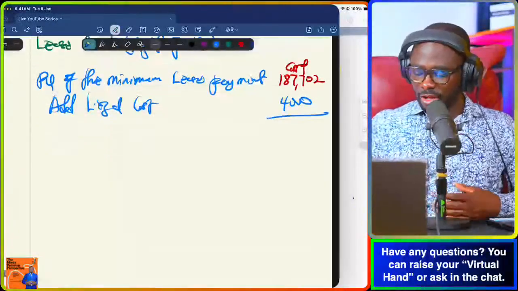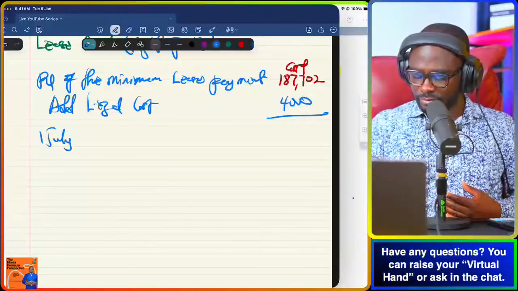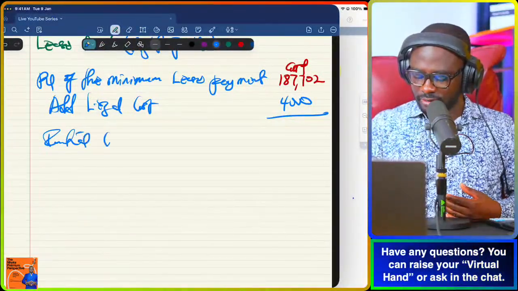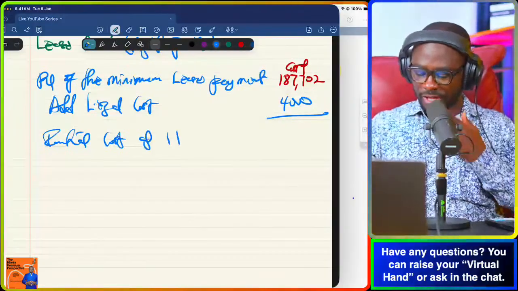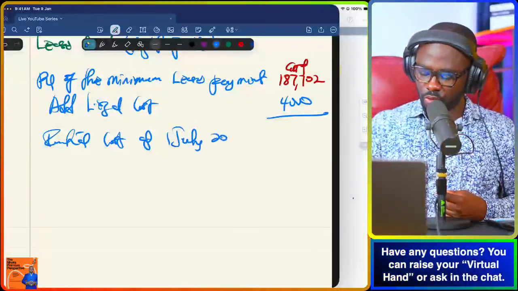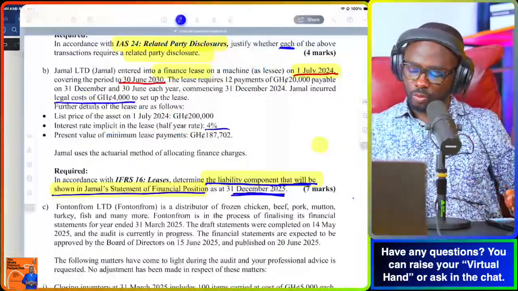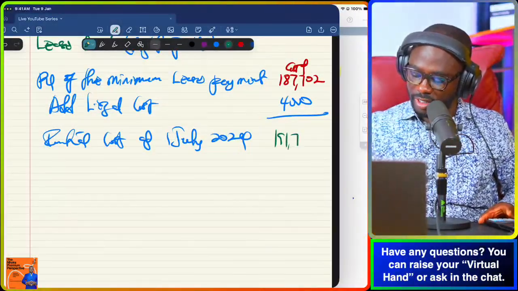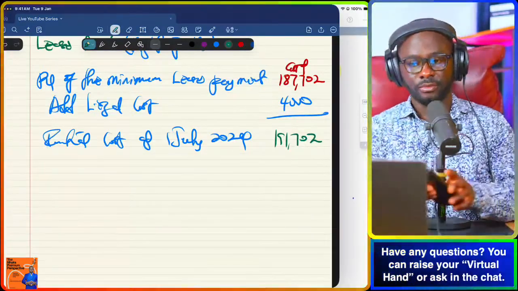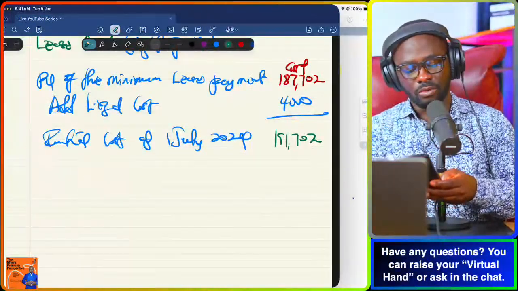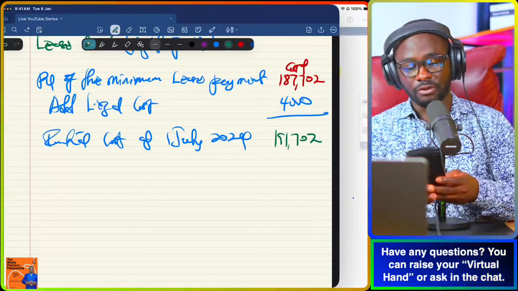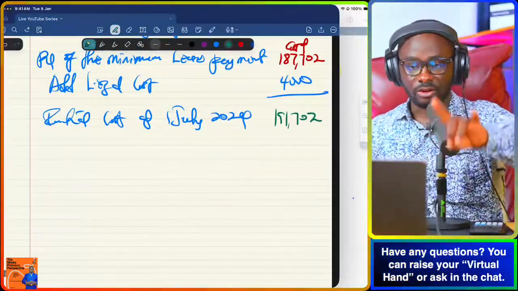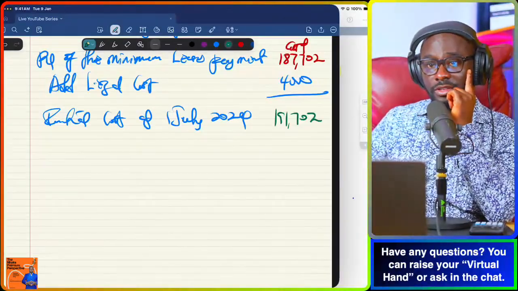So that now, on 1st July 2024, the initial cost of the leased asset would have been this plus 4,000. That would be 191,702, right? 187,702 plus 4,000. Yeah, 191,702. That will be the initial cost at 1st July 2025.